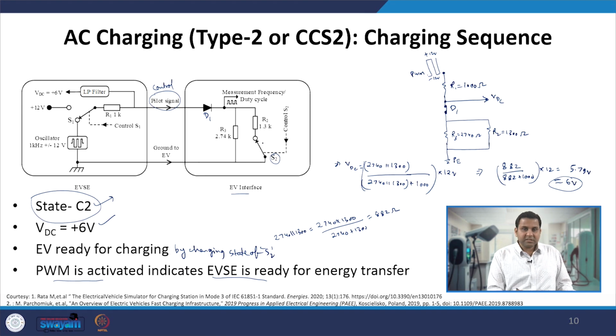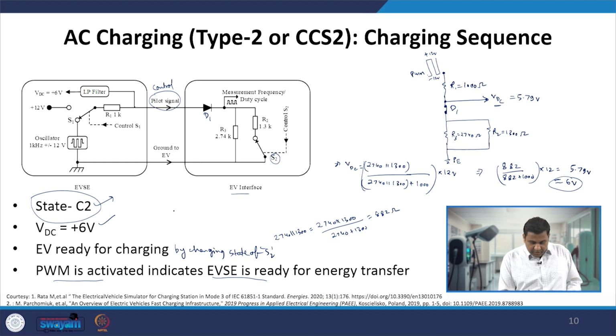Since the S2 switch status got changed, that's when the 2740 ohm comes in parallel to 1300 ohm, and that is when your voltage level at this point goes to near about 6 volt, which is 5.79 volt, and that is when the EVSE also knows that the EV is ready for charging.